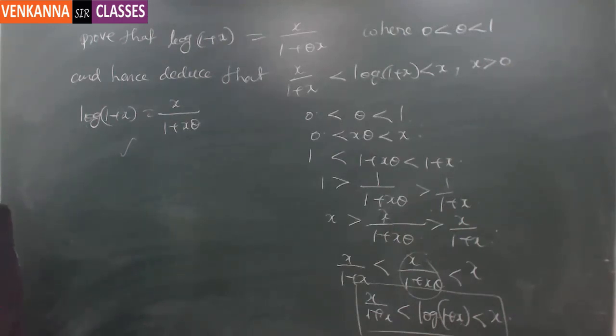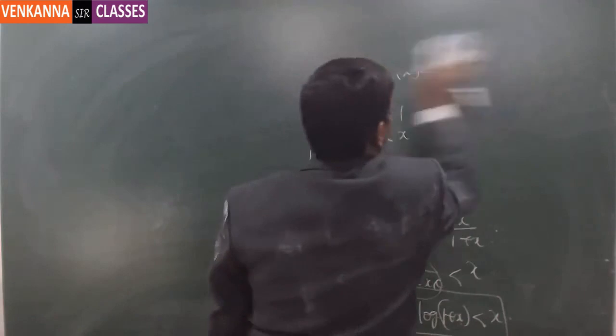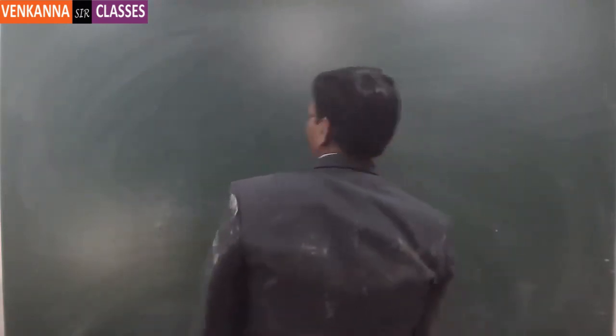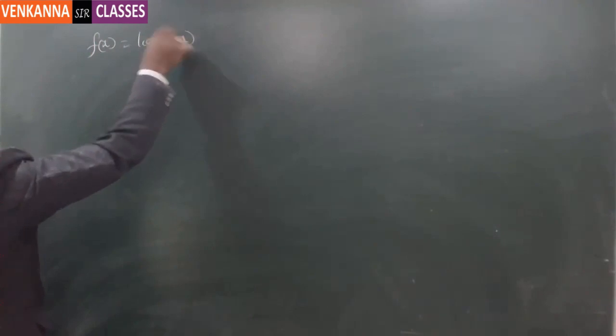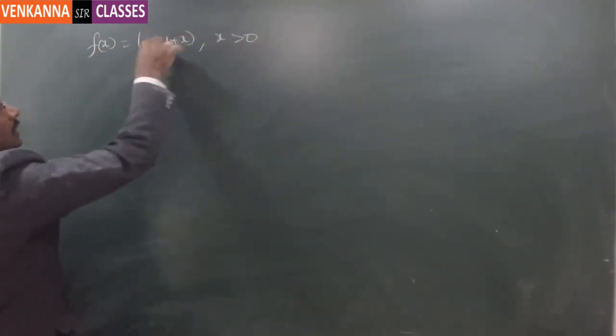So I'll give you one last problem. f of x is equal to log 1 plus x, comma x greater than 0. So x value is always greater than 0.